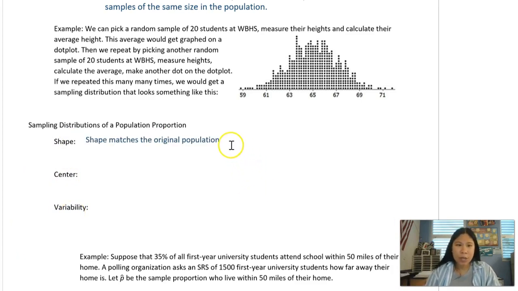So when we talk about the shape of a sampling distribution, the shape always matches the original population. So if your original population, if all the averages or the proportions were skewed to one side, then the shape of the sampling distribution is also going to be skewed to one side. Unless there is a stipulation.